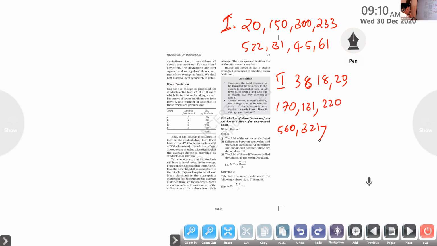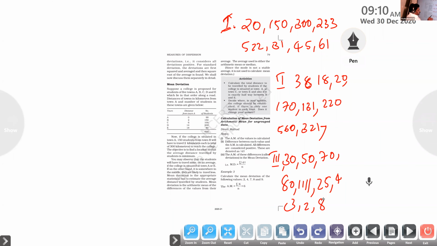Set 3. I will read it. Set 1: 20, 150, 300, 233, 522, 31, 45, 61.